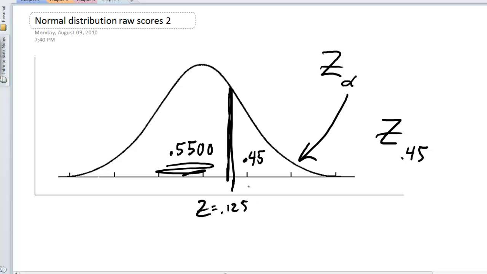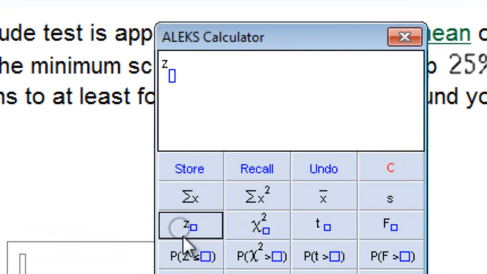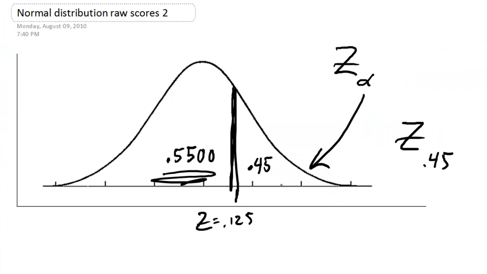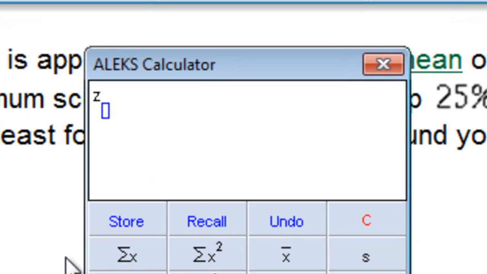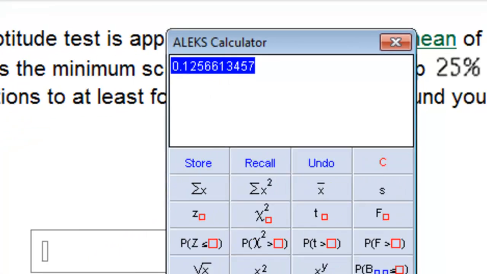Right there. And just to see how the ALEKS calculator works, again, we'll clear it, we'll hit this, and because we're looking at the right, we wanted the top 45%, so I'm going to put in 0.45 and I get 0.1256. So you can see my estimate's a little off, but that's just because I chose right in the middle.